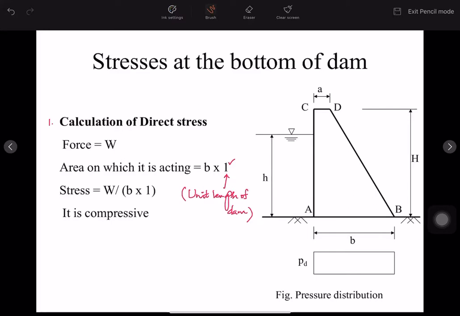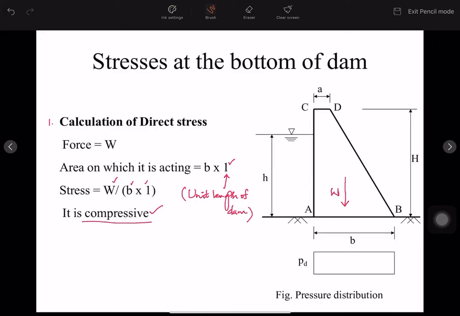So stress is mathematically force by area, and force is W here, and area is B into 1. So this direct stress will be like this. I mean to say the force, and this stress will be compressive in nature.